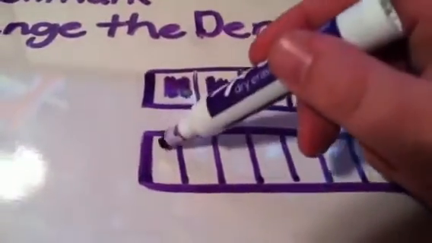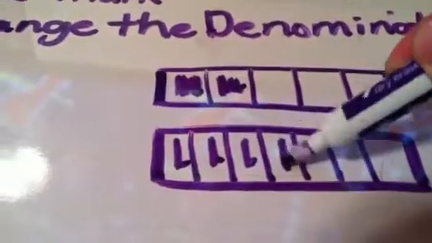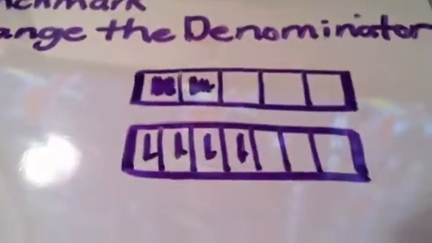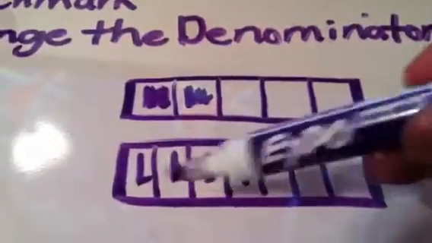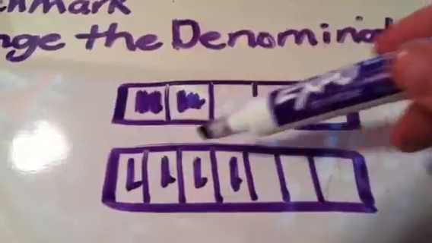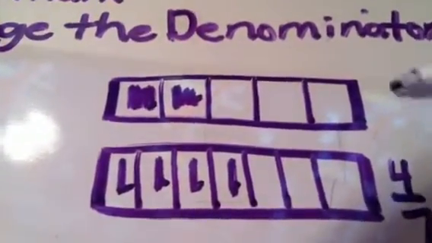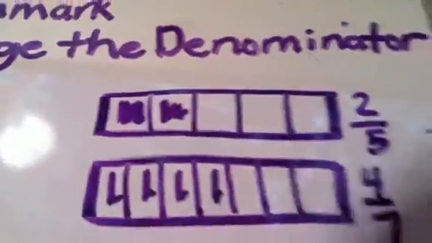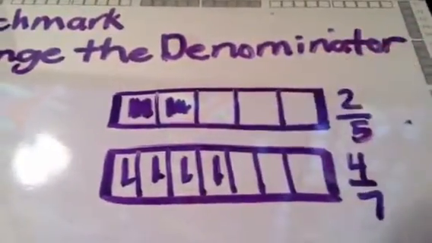And then I'm going to shade in 4. Like that. Now, one of the great things about drawing the shapes the same size is you can already clearly tell that since they're the same size, this 4/7, which is down at the bottom, is already larger. You can already tell that just because it's taking up more space.